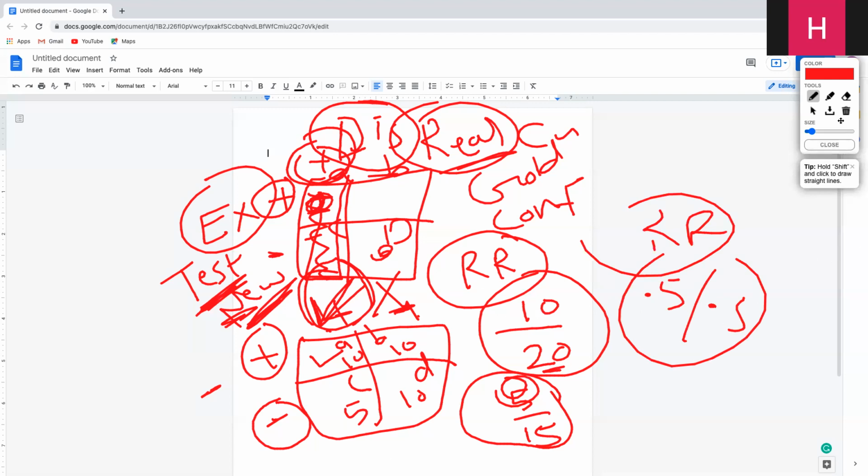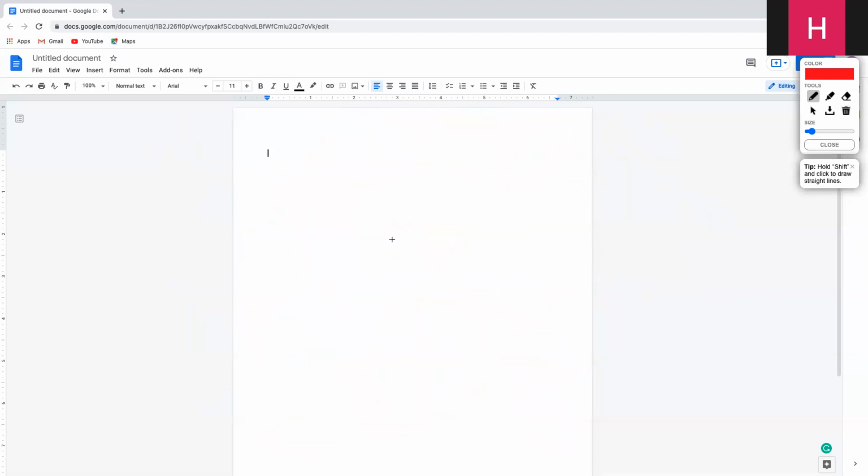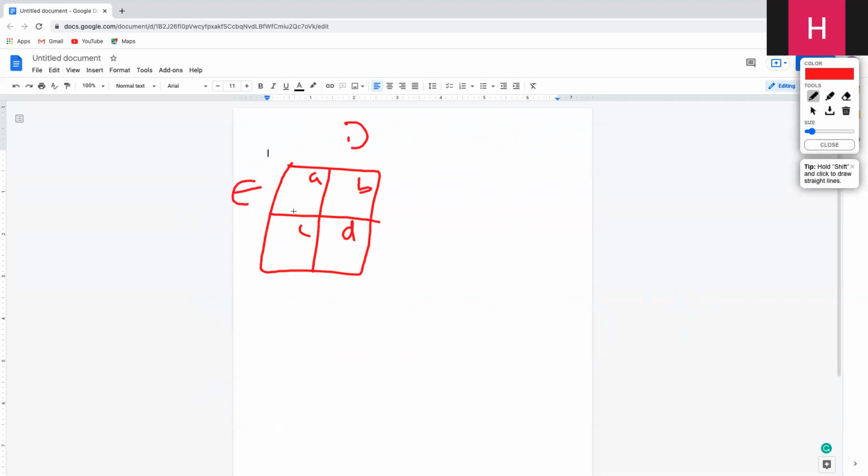But when it comes to the odds ratio, same thing. You will do this table, and you will do A, B, C, D. So for the odds ratio here, we have the disease status, right? And we have the exposure status here. I want to know: if you do have the disease, what are your odds of being exposed?